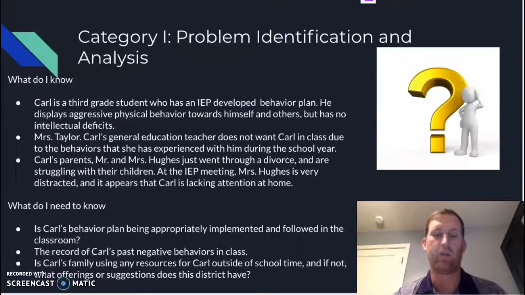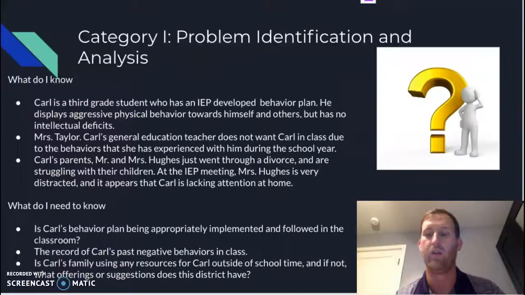Also, it would be really beneficial to see how often these behaviors are happening, and in the past, in other classes in previous years, what has that been like? Is he showing these same behaviors when he's at music or PE, for instance? These are all factors that would definitely make a difference. And then also, are there any outside resources that the family has that they can use?